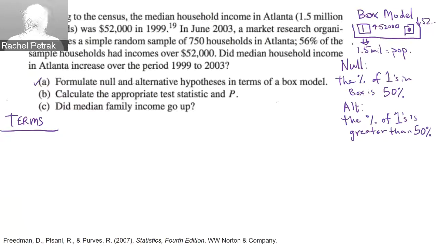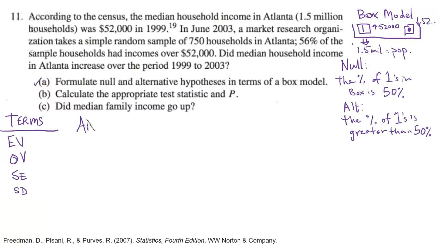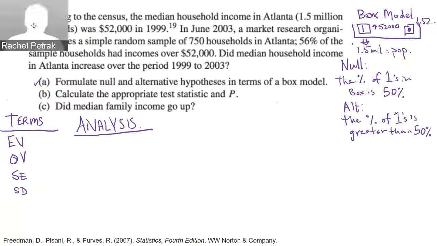To do our next step, we need to start by collecting the terms we're going to need. We know we're going to need an expected value and an observed value, standard error, and a standard deviation. We already have some of the terms that we need.